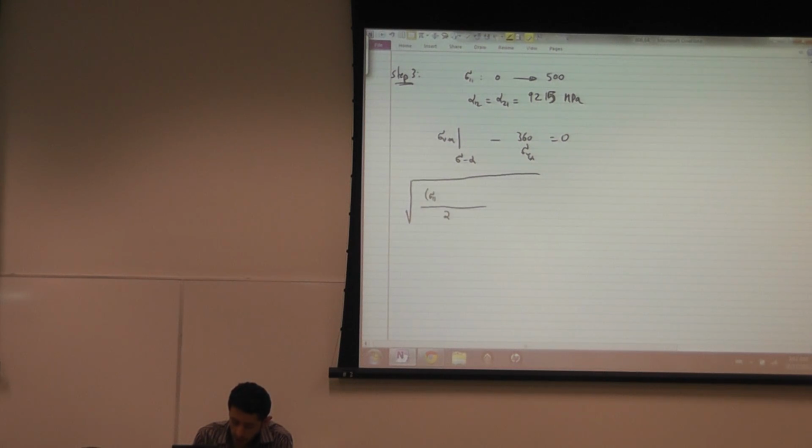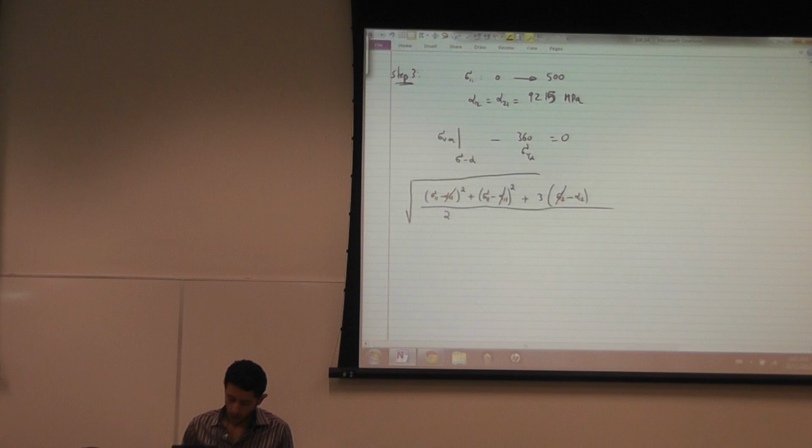Sigma 1 minus sigma 2 squared plus sigma 1 minus sigma 3 squared plus sigma 1 minus alpha 1, which is 0, squared, plus sigma 1 minus alpha 1, which is 0, squared, plus 3 sigma 2, which is 0, minus alpha 2 squared, plus 3 sigma 2 minus alpha 2.